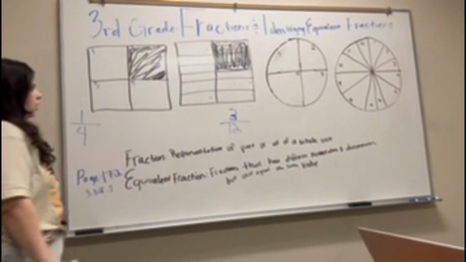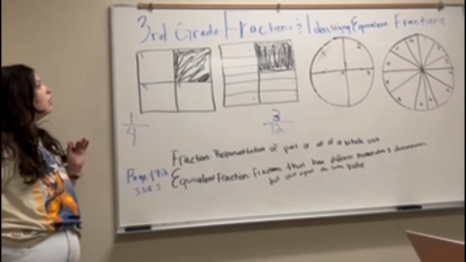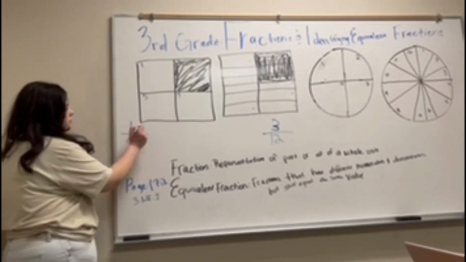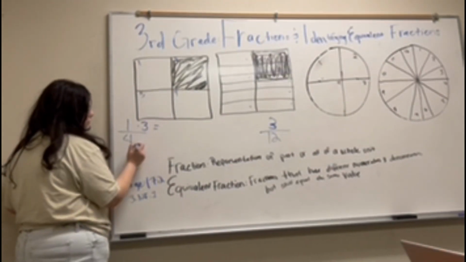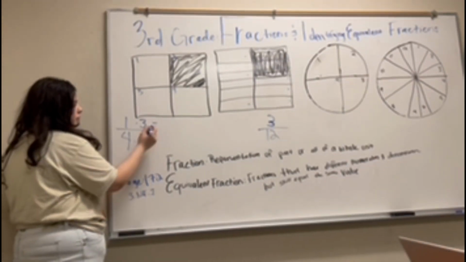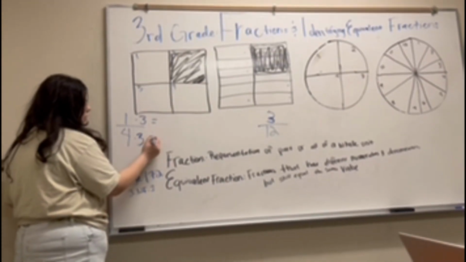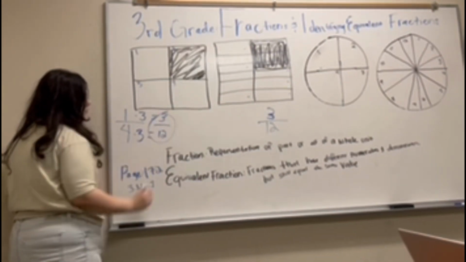So, a cool thing about fractions that you can use to figure out if they are equivalent, 1 times 3 equals 3. And if you multiply the denominator by the same number, 4 times 3 equals 12.